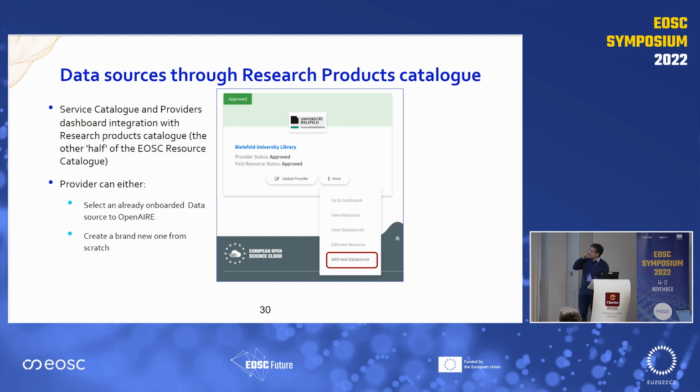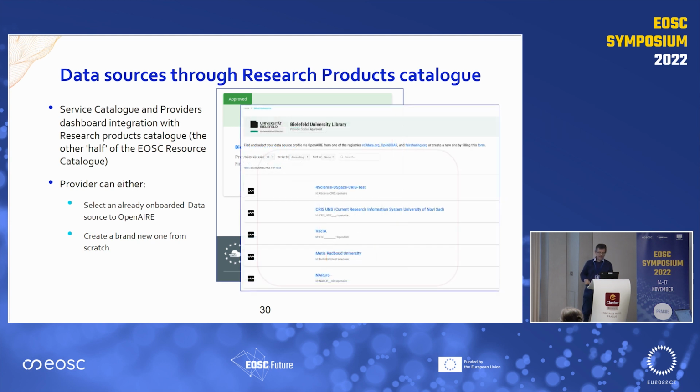Now some steps in the actual provider portal. There's a new part to onboard a new data source as a provider. This can happen in two ways. One way is a completely clean way with empty forms. The other one is a pre-filled form from the OpenAIRE data sources that we have here at the moment.